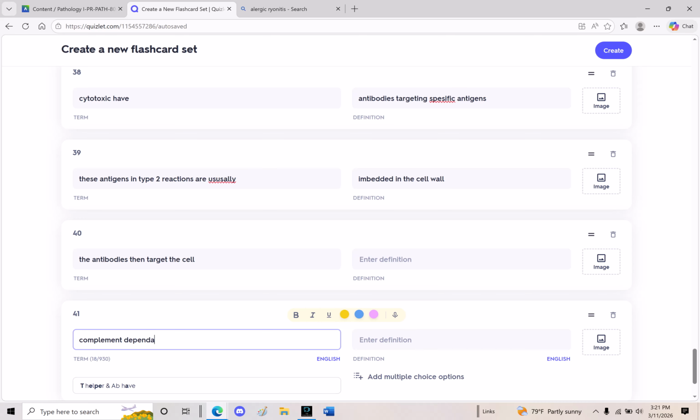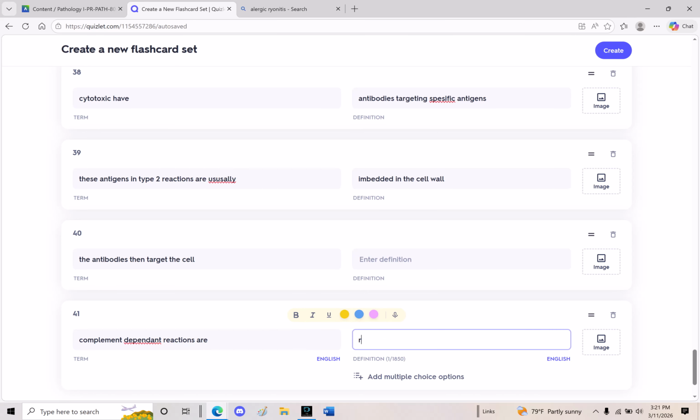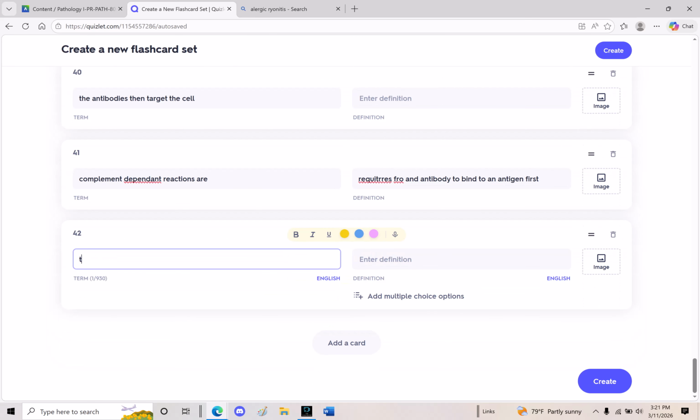So, a complement requires an antigen to bind to an antibody first, right? So remember, antibodies are specific to antigens. When an antibody gets close to an antigen that it is specific for, it will bind to it. They will connect. Upon this binding, it forms an immune complex, and that complex will trigger a complement pathway.